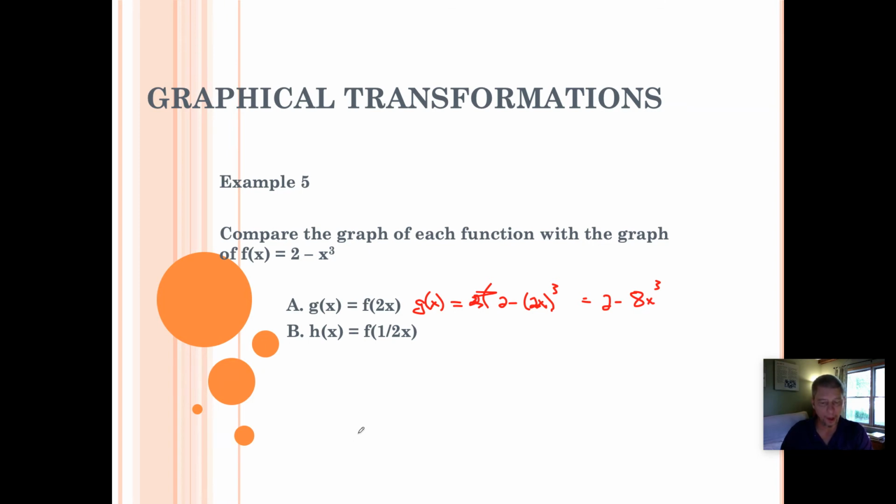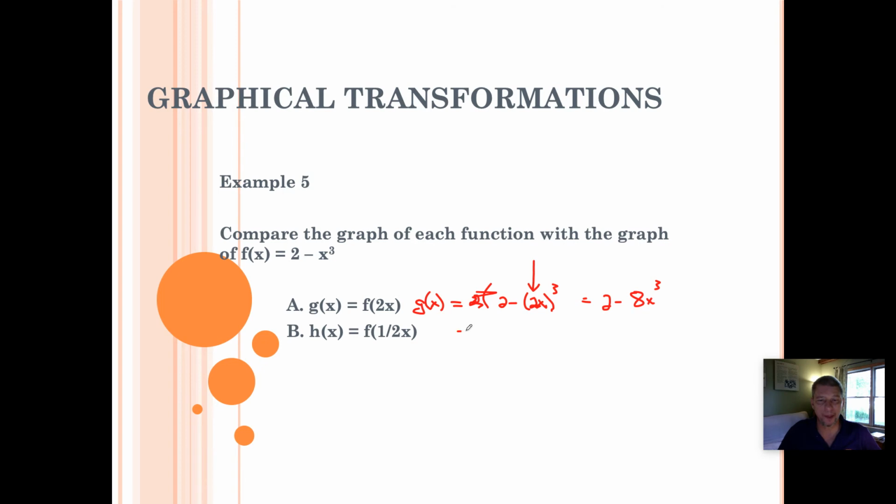Okay. Now, in this particular case, I'm multiplying the x cubed value by a factor of 8. And so what this is going to do is actually give me a horizontal shrink in this case, because the value is greater than 1.